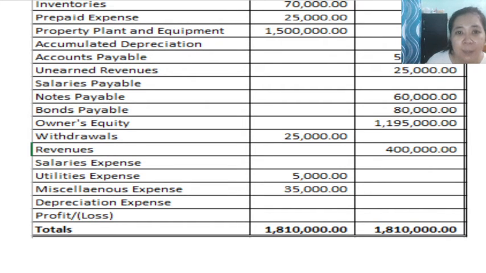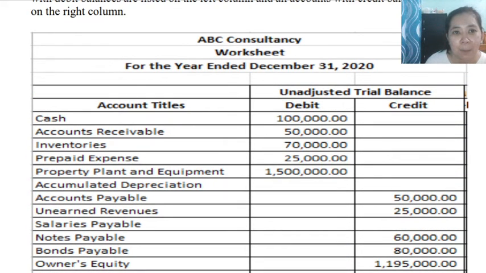Also, please take note of this double line at the bottom of our totals. This is called the double rule. This is also important to note for our totals in every financial report that we make. So this is our unadjusted trial balance.